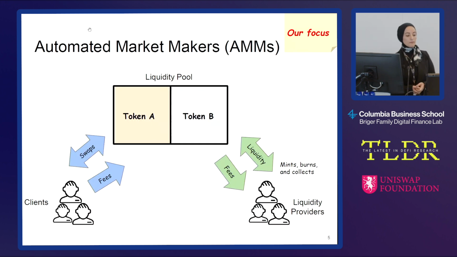AMMs build a platform for automated token trading where they establish liquidity pools, such that a liquidity pool is used to trade two tokens, or a pair of tokens, against each other. Clients submit their trading orders in the form of swap transactions, and they pay fees for the owners of the liquidity that was used to fill their orders.